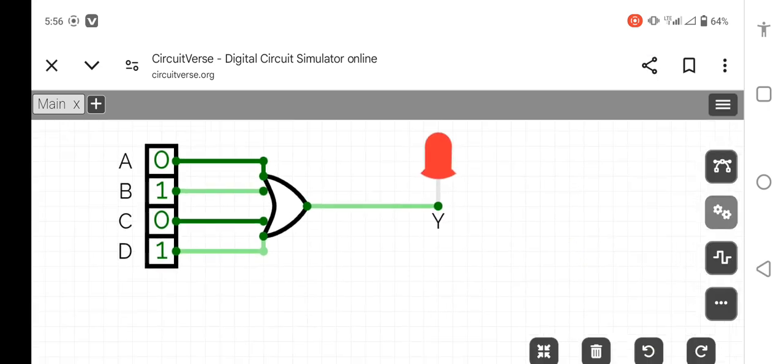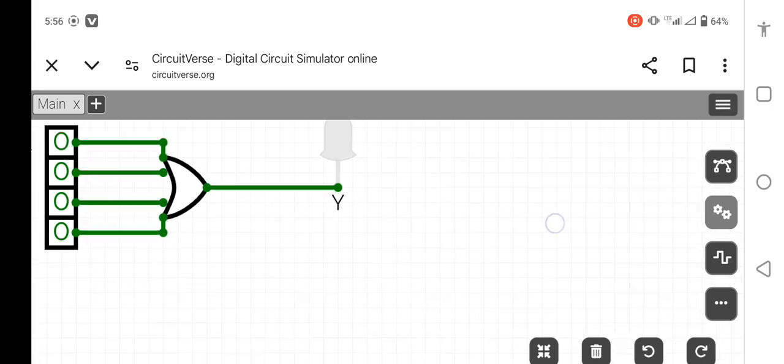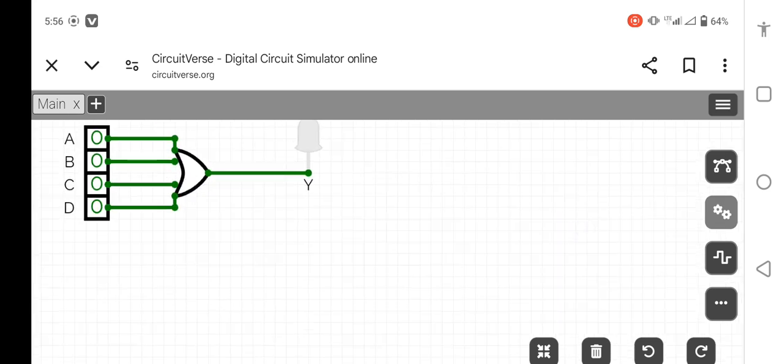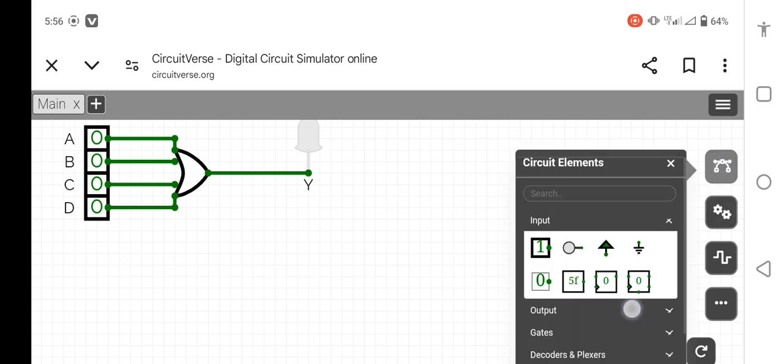So I will do first the truth table of 4 inputs in OR gate.